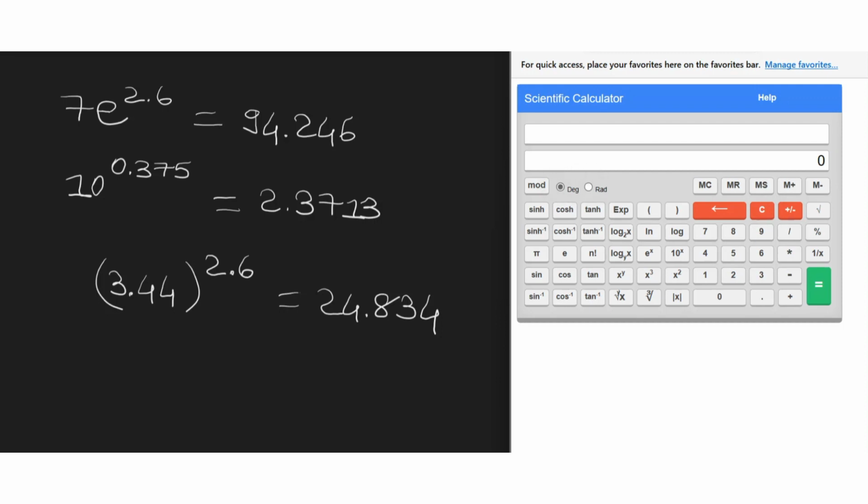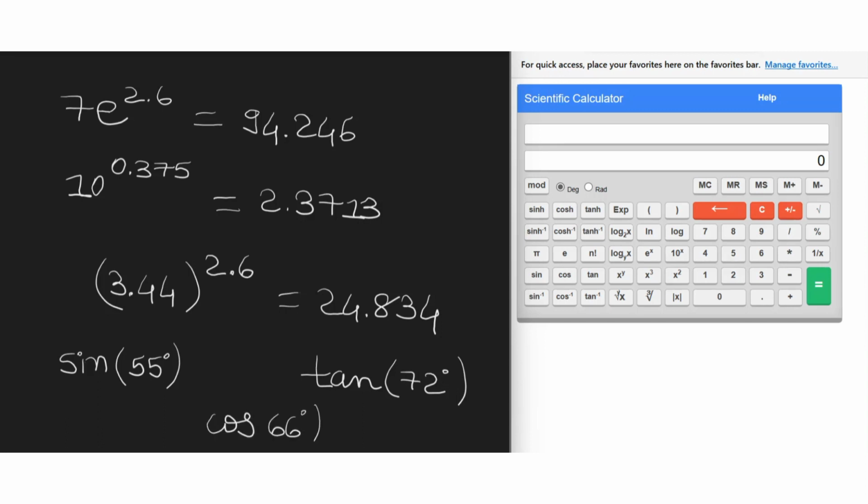Here you can see this mode, degree and radian. Now suppose I have a question like sine 55 degree, then my mode will be set to degree. Same way, I need to find tan 72 degree, so my mode will be set to degree. Then cos 66 degree. Let's find all of these.